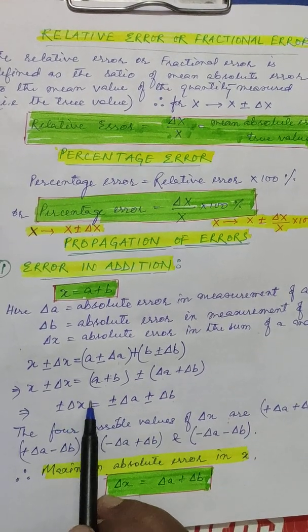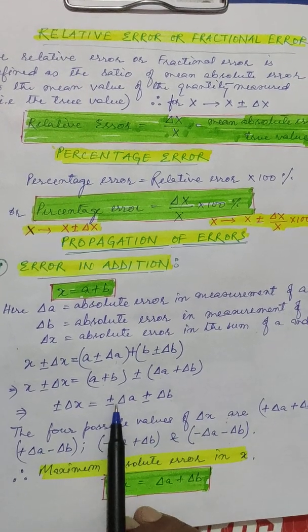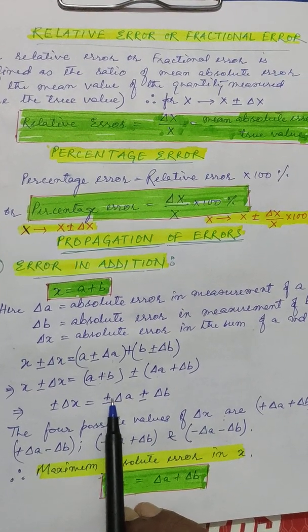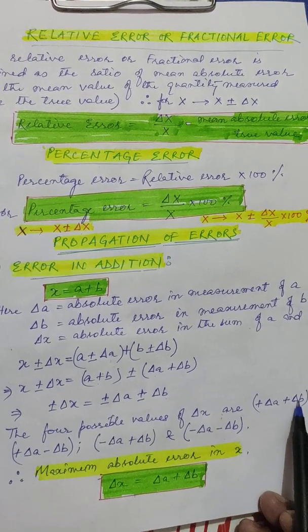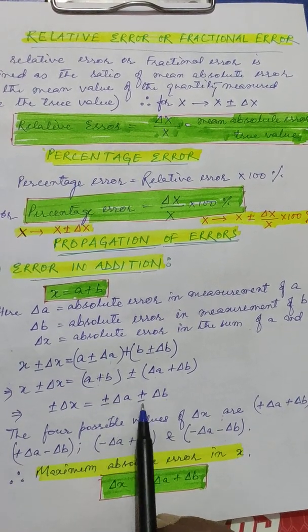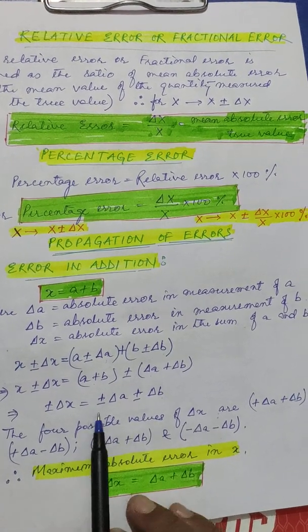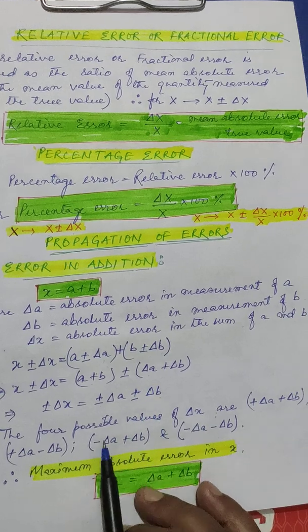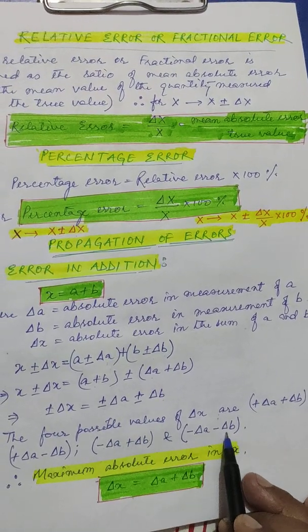So this plus minus delta x has four possible values. Both will be considered positive, plus delta a plus delta b. This is positive, this is negative, plus delta a minus delta b, or this is negative, this one is positive, that is minus delta a plus delta b, or both are negative here.